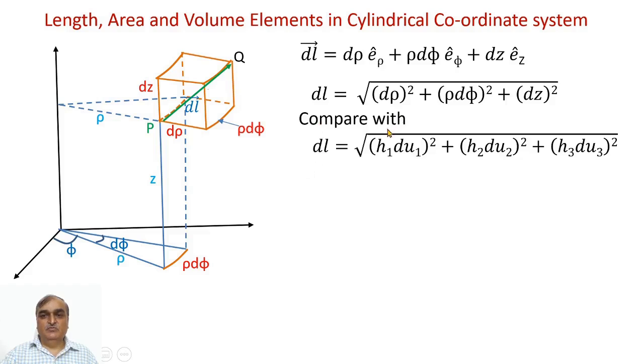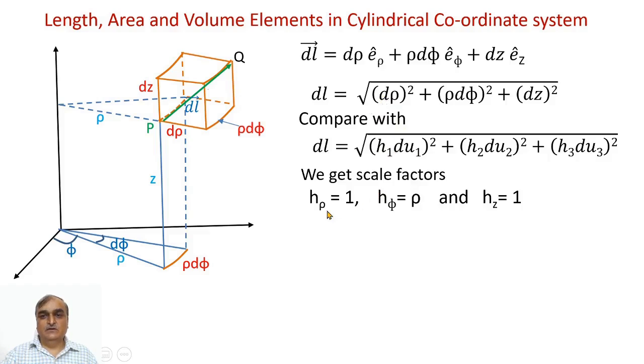If we compare it with the length element in general curvilinear coordinate system, then u1 is equal to rho. Therefore, du1 is equal to d rho. Comparing this, we get h1 is equal to 1. u2 is equal to phi. Therefore, comparing the coefficient of du2 and d phi, h2 is equal to rho.